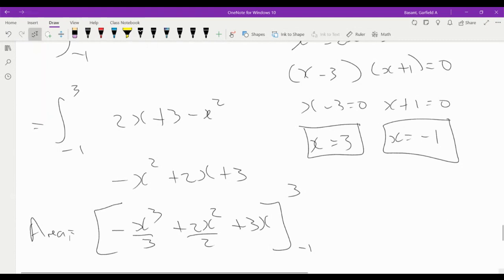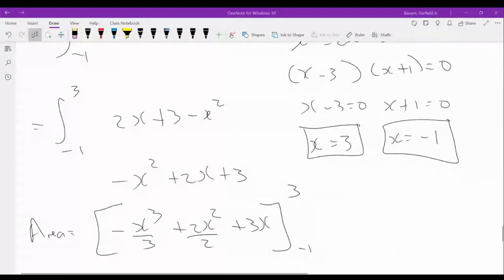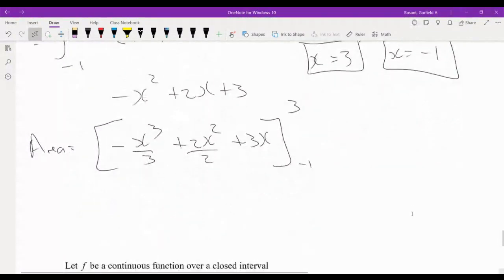I think I might have an answer for that. The answer was 32 over 3. So when you plug in the 3 and you plug in the -1, it comes to 32 over 3. So you have 2 more such problems in the homework.